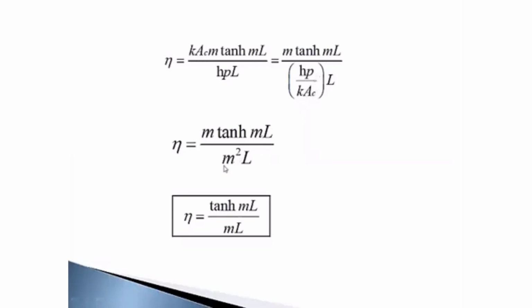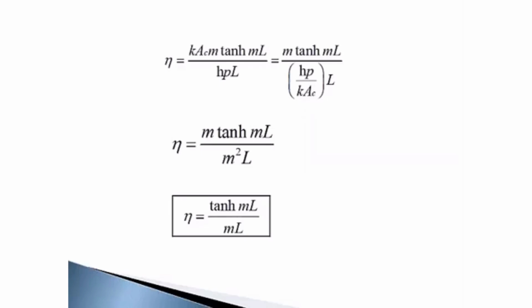So you write this as m squared, and one m cancels, and you get tanh(mL) by mL. So the efficiency of a fin is given by tanh(mL) by mL. In all cases you can use this formula for efficiency, tanh(mL) by mL.